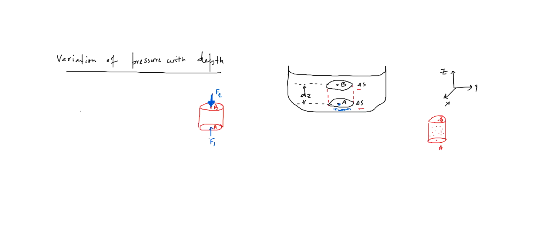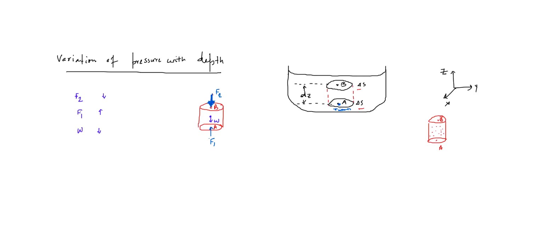The other force acting here is the weight of the cylinder, let us say W, acting vertically down. So F2 is vertically downward, F1 is vertically upward, and W is vertically downward. These are the three forces acting on the fluid in this cylinder, right?